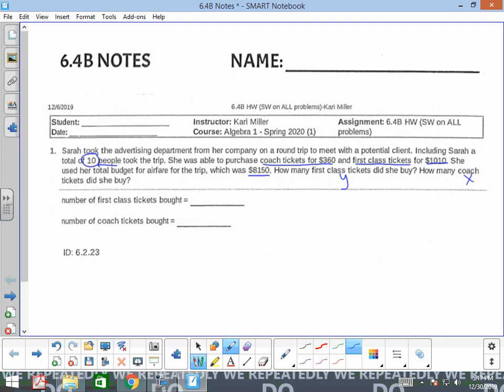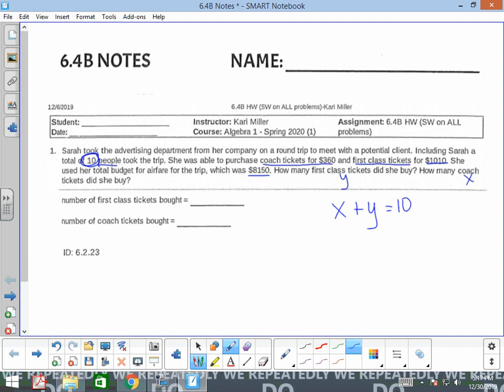Alright, so first we're going to do what we call a number equation. So 10 people. That is the number of people who bought a coach ticket plus the number of people who bought a first class ticket equals 10. The second equation is going to be our cost equation.